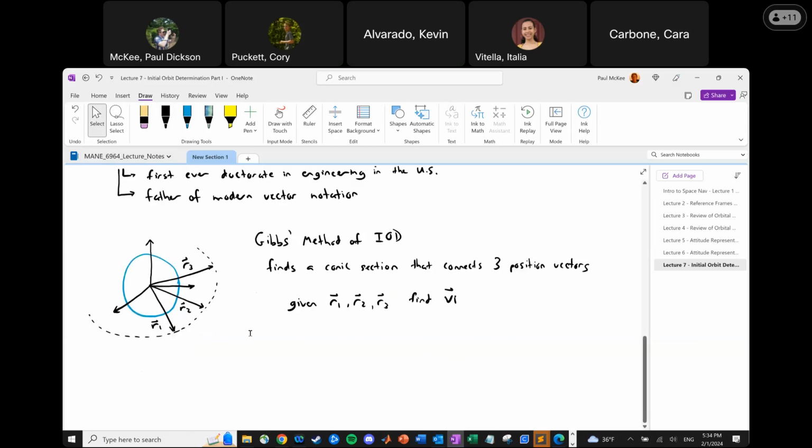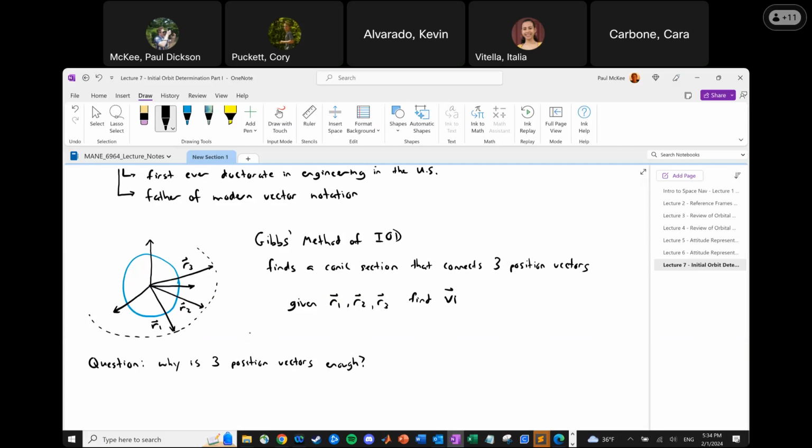So let me start with a question. The question: why are three position vectors enough? Right? How much information do we have in three position vectors? Or you could think of it this way.